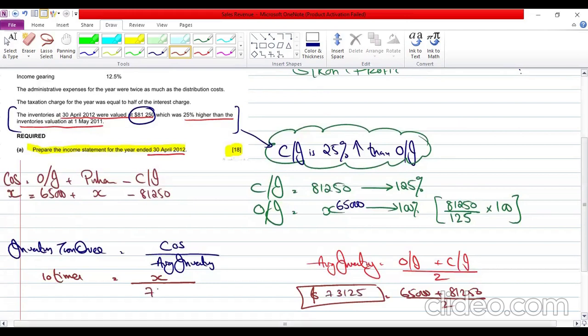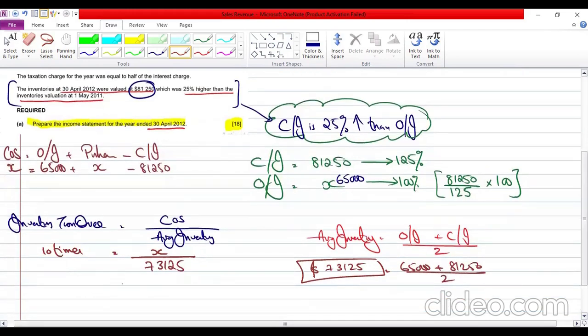This is the average inventory. Now solving the maths: 10 multiplied by 73125 is going to be the x. So cost of sales, which is the x value, is 731,250.